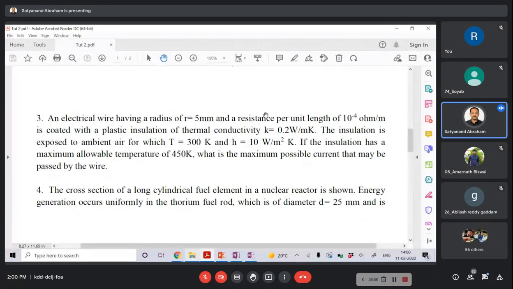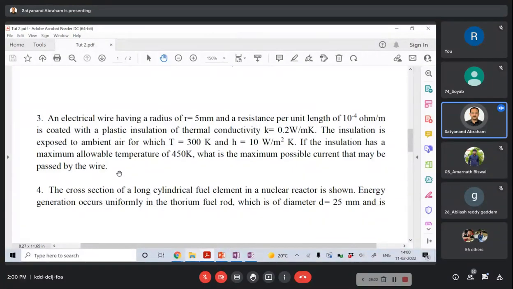The insulation is exposed to ambient air for which the temperature is 300 and h is equal to 10 watt per meter square. If the insulation has a maximum allowable temperature of 400 Kelvin, what is the maximum possible current that may be passed through the wire?